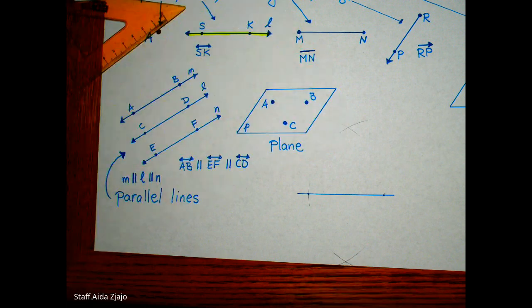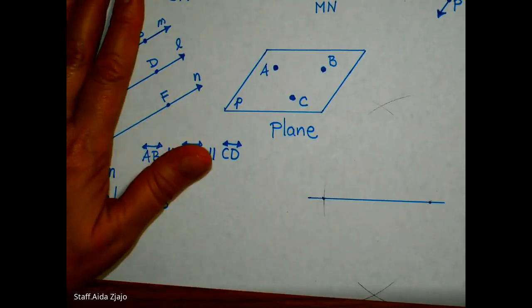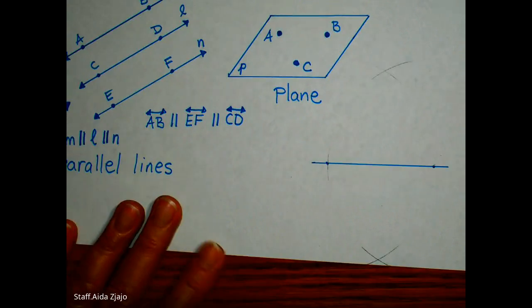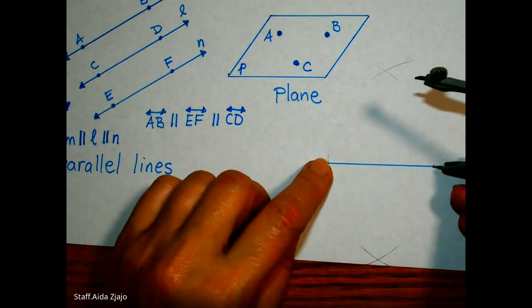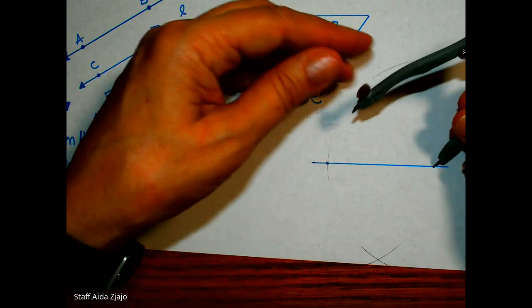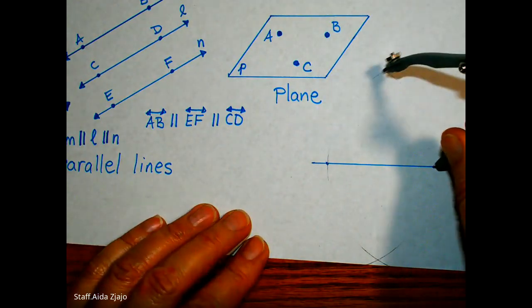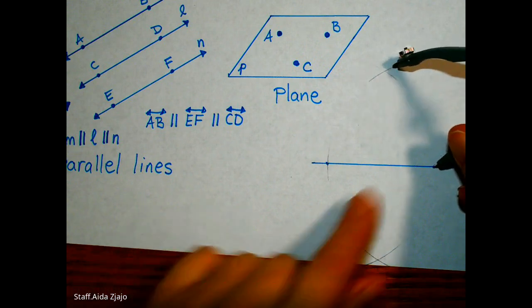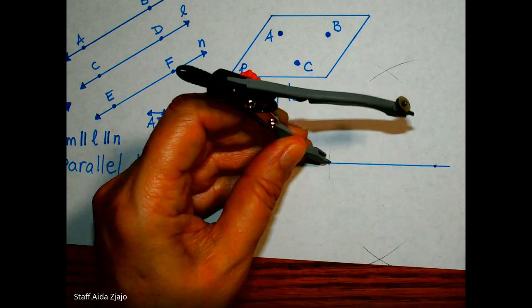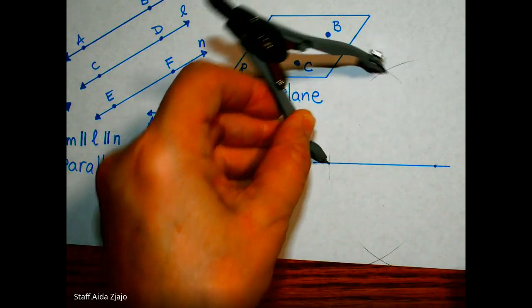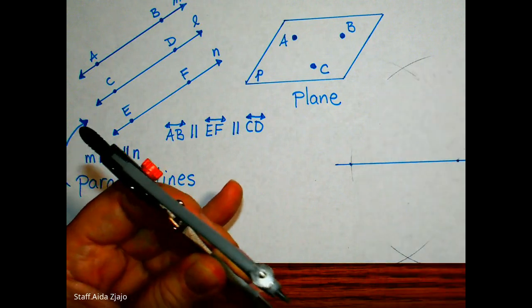If you don't see it, I can enlarge it a little bit so you can see what I did. I drew the line, I chose the points, I opened the compass. I drew one arc above that line segment, and another arc. When two arcs are crossing each other, I got a point.